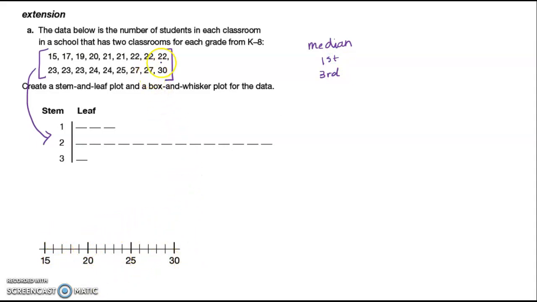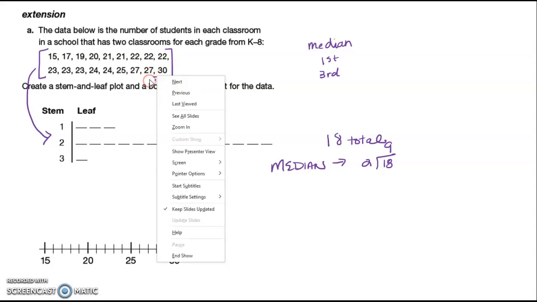Okay, so remember, how many do we have here? 1, 2, 3, 4, 5, 6, 7, 8, 9. We have 18. So if we have 18 total, to find the median, I have to divide by 2, and I get 9. So I'm going to start here and count this direction 9.